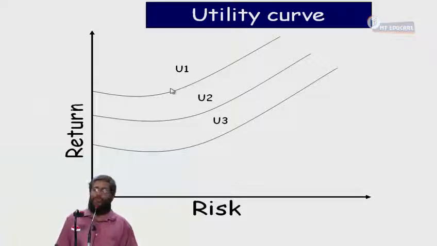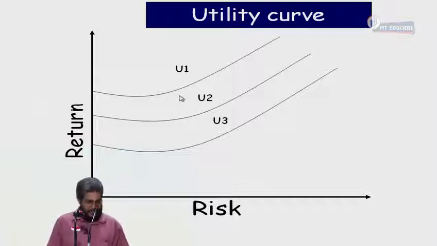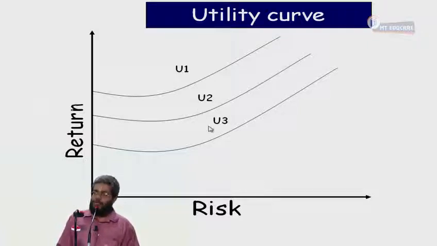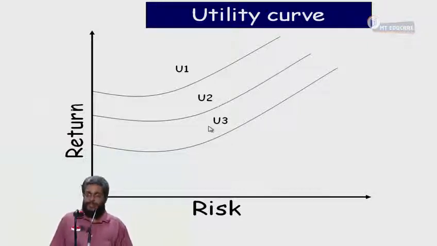In U2, a lower happiness, and in U3, the lowest happiness. U3 is the lowest happiness. Everybody right or not?